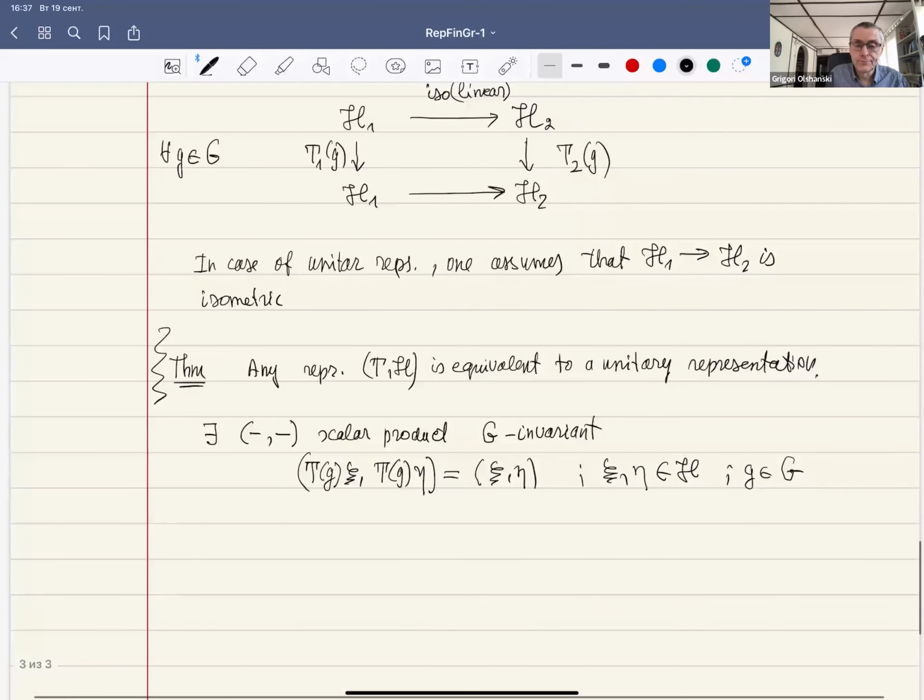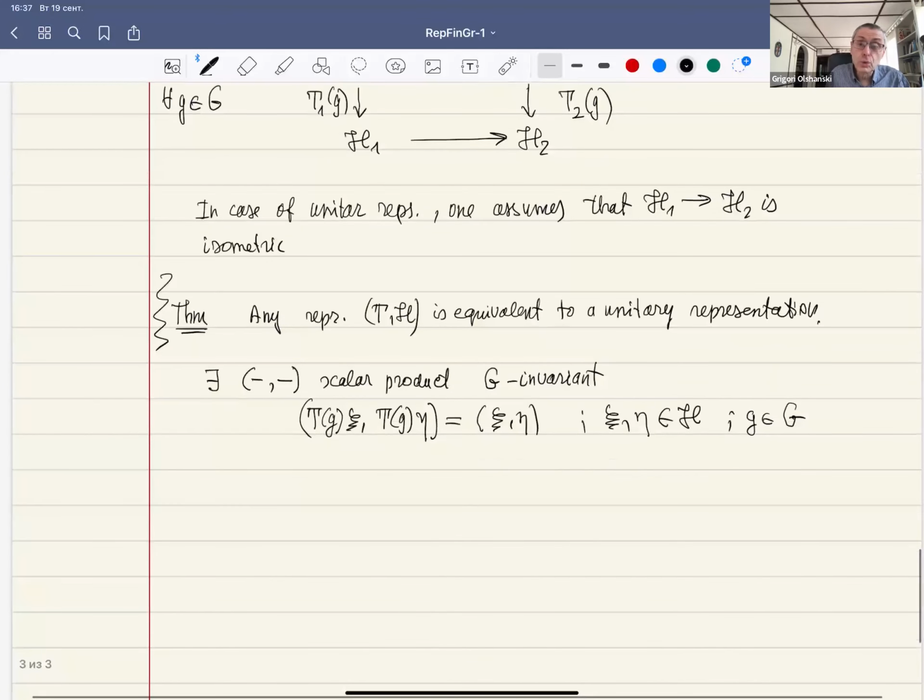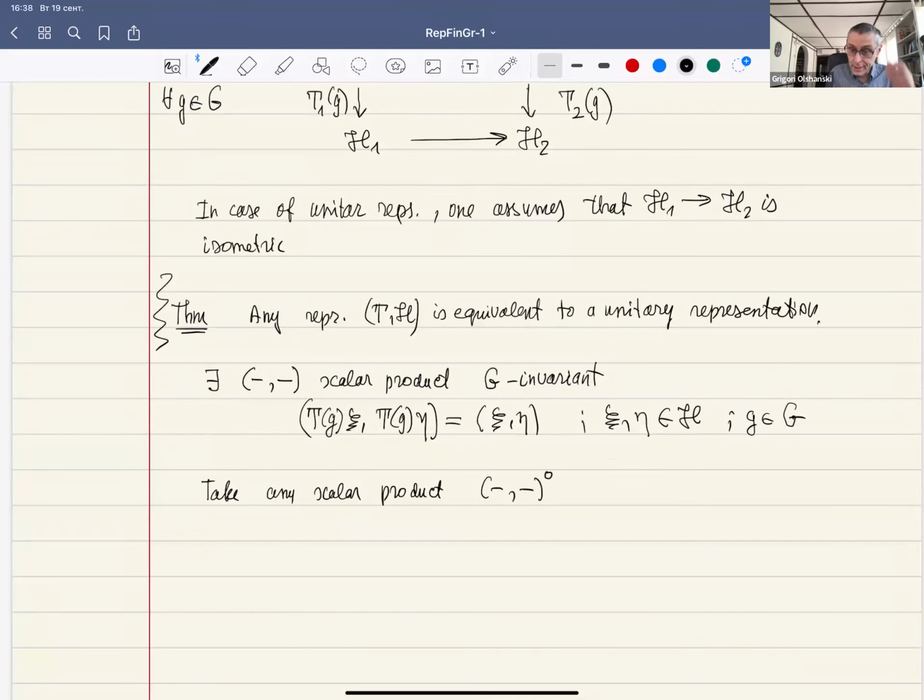So we want to have such a scalar product. But how to construct it? The idea is as follows. Take any scalar product, denote it, and we can average it.